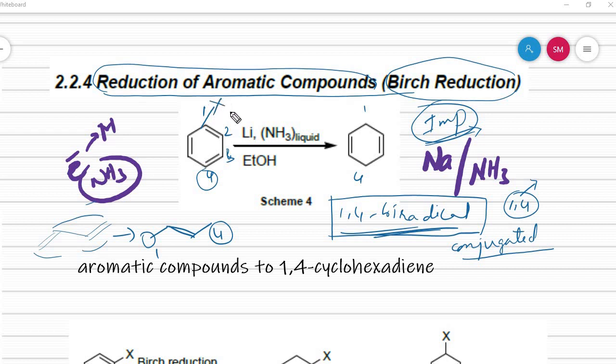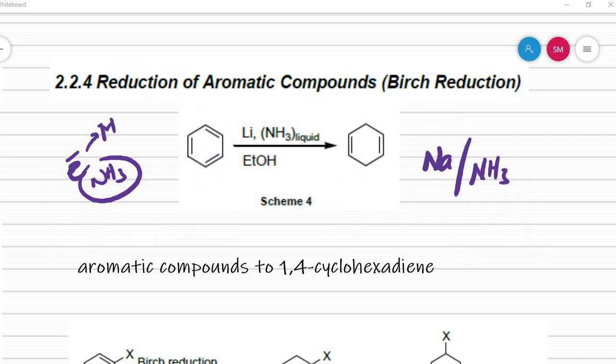Benzene has three double bonds, so it can be any 1,4 pair: this is 1,4, this is 1,4, this is 1,4. In what direction the 1,4 reduction happens depends on the group substituted on the benzene. If you see the example, you will understand.